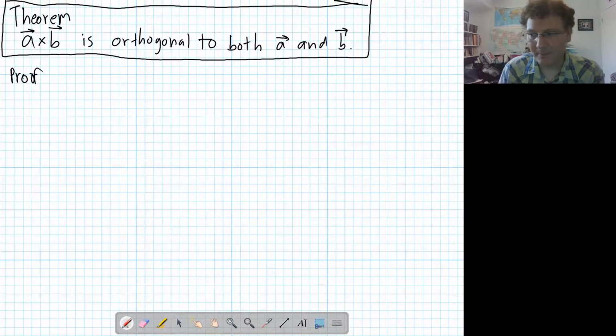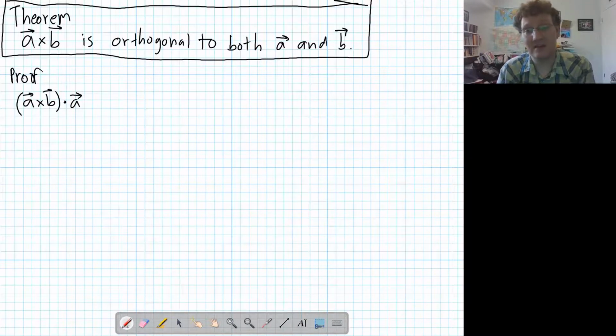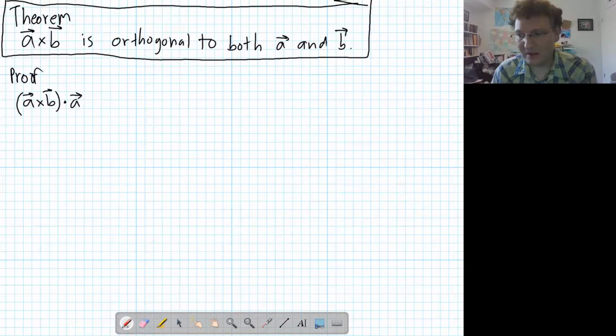What we're going to do is evaluate A cross B dot A. Because remember, if two vectors are orthogonal, that's the same as saying their dot product is 0. If this dot product is 0, then they're orthogonal.